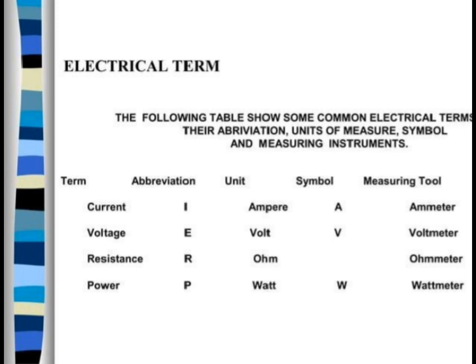Voltage: abbreviation E, unit volt, symbol V, measuring tool voltmeter. Resistance: abbreviation R, unit ohm, measuring tool ohmmeter. Power: abbreviation P, unit watt, symbol W, measuring tool wattmeter.